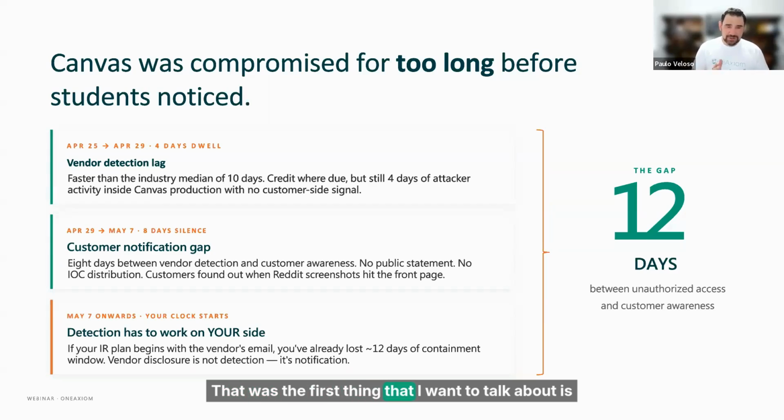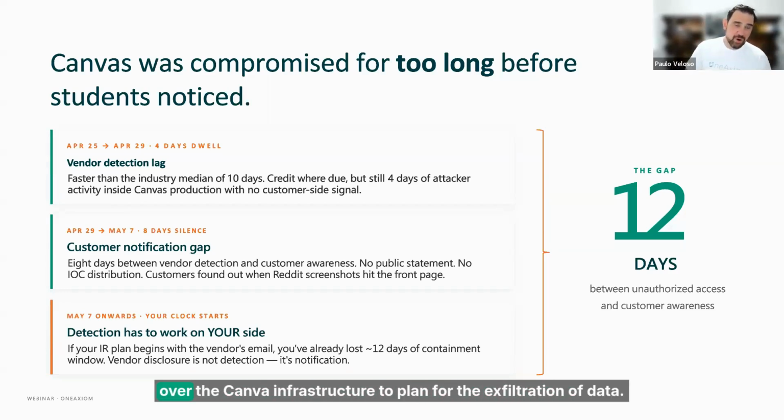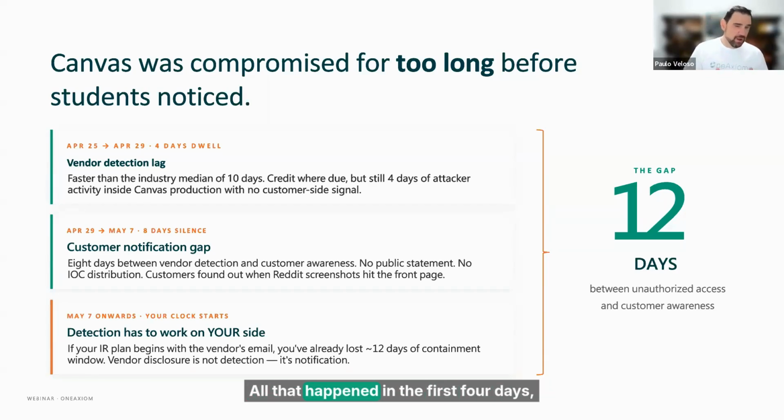That dwell time allowed the attackers to go free all over the Canva infrastructure to plan for the exfiltration of data. All that happened in the first 4 days, because on April 29th, they actually caught it.